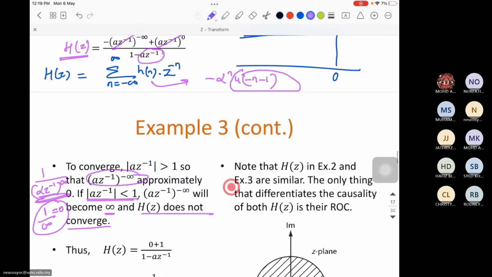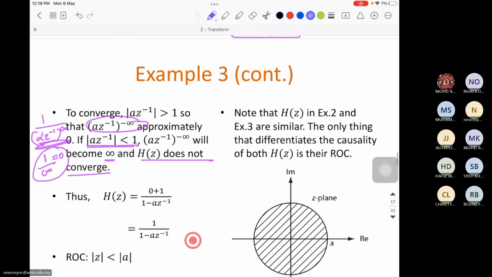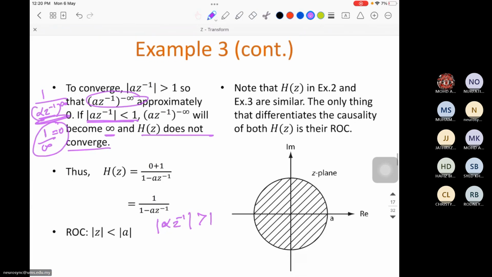Therefore, this will converge only for magnitude of alpha z to the power minus 1 greater than 1, that is, mod of alpha greater than mod of z.